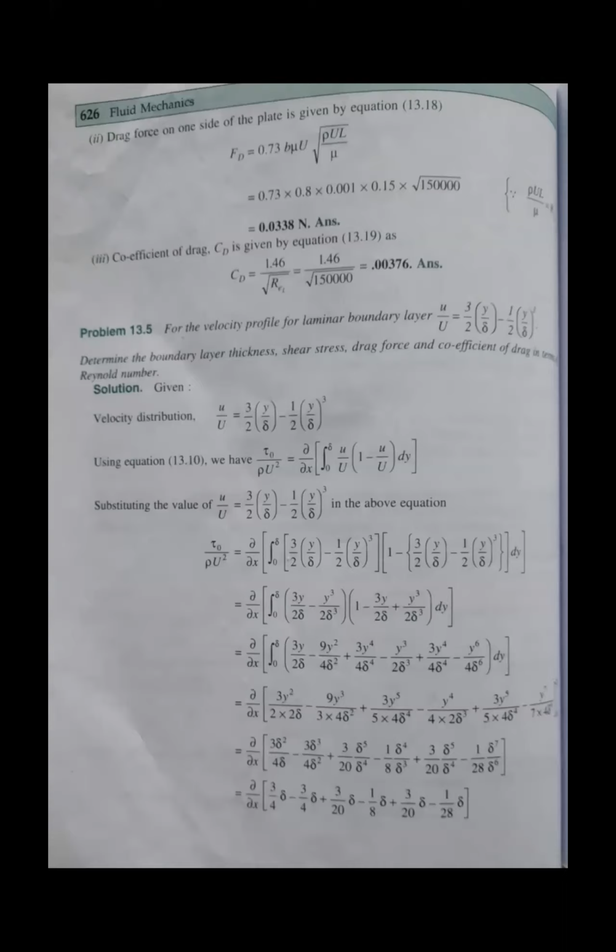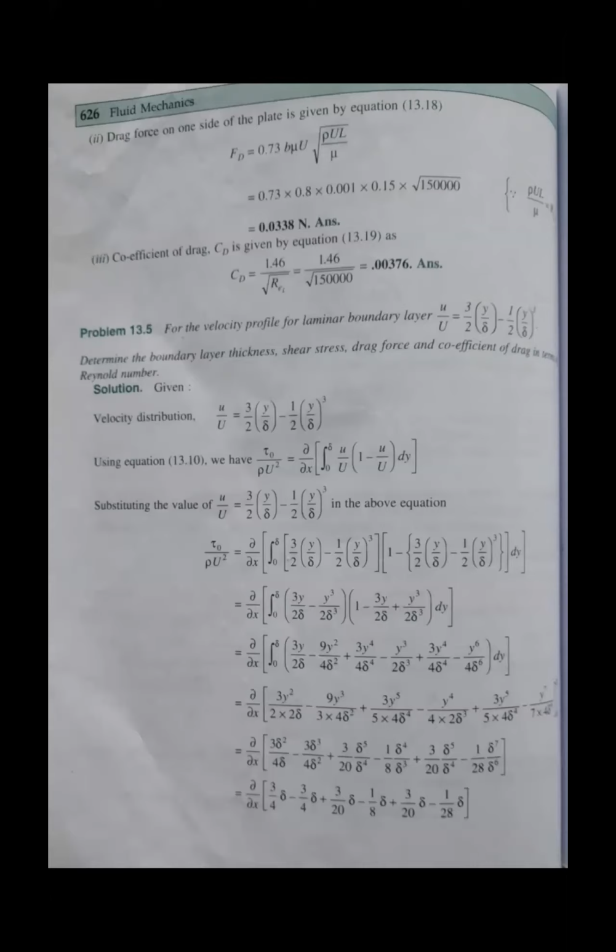The width of the plate is 0.8 meter wide, dynamic viscosity is 0.01 into 10 power minus 1 Newton second per meter square, and velocity 150 mm per second into 10 power minus 3 is substituted, and the drag force is worked out in SI system, Newton. And this is the drag force, and the coefficient of drag, if you substitute, is 1.46 divided by root ReL, because the velocity profile in this problem is given to be taken from the previous problem, because all these things are calculated in the previous problem.